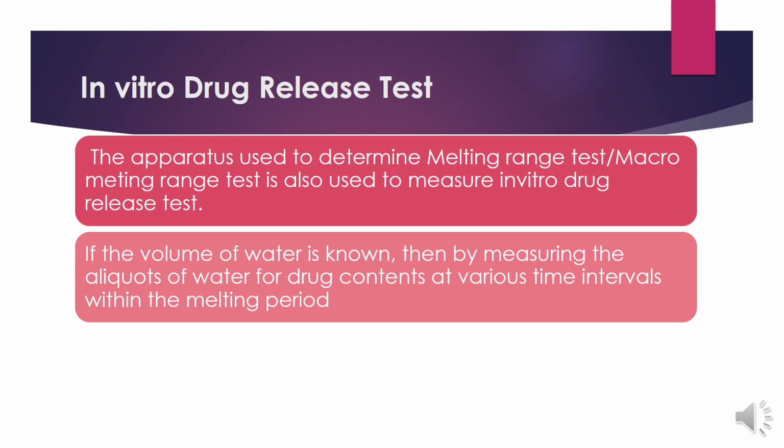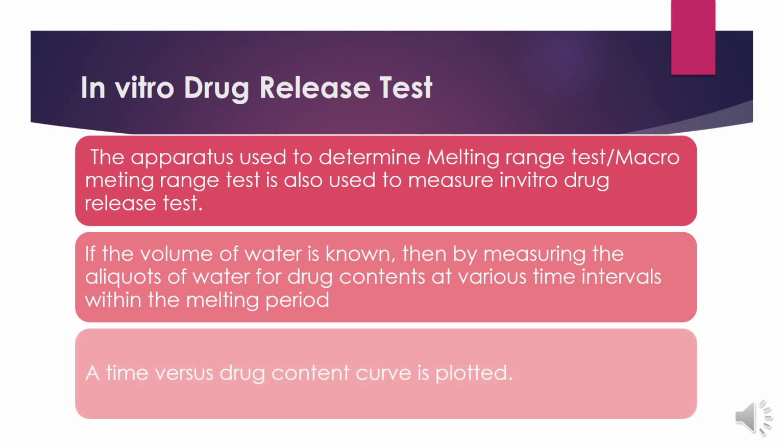So this will tell you how much drug was released within a minute, within 5 minutes, within 10 minutes. This will provide you a time versus drug content curve, which gives information about the release pattern, how much active was released over a certain period of time.